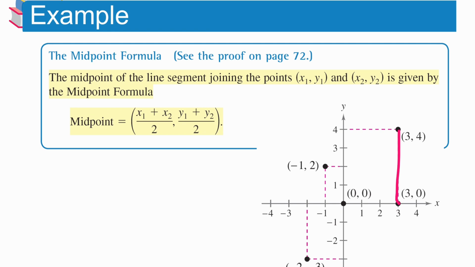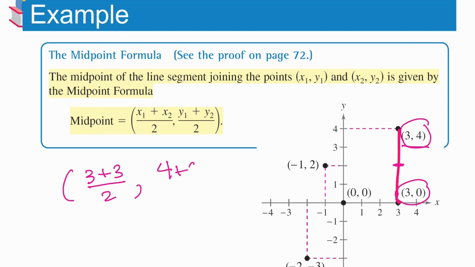I'm actually going to just steal 2 points on here. So if we wanted to find the midpoint of 3, 4, and 3, 0, then that would be something right here. So we would average the x's, so our 3 plus 3 over 2. And then we would average the y's, so 4 plus 0 divided by 2.